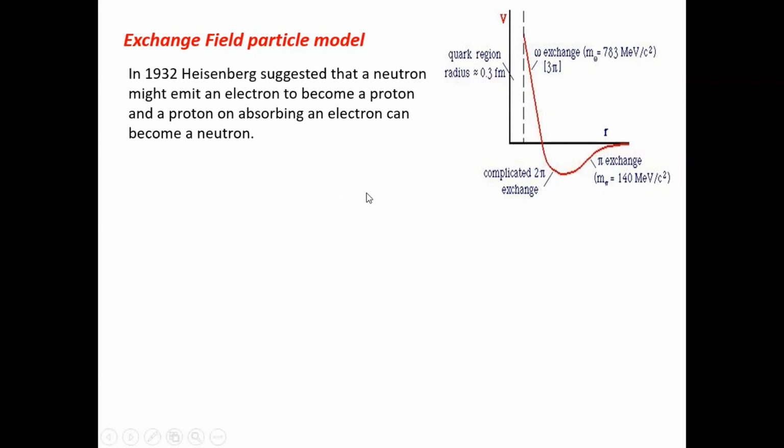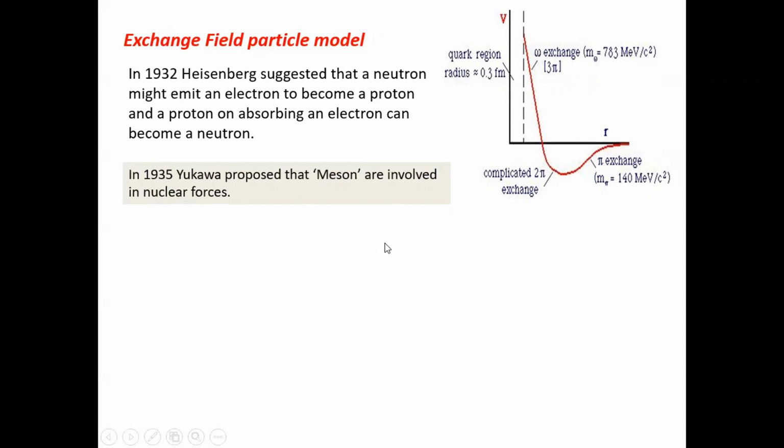In 1932, Heisenberg had suggested that a neutron might emit an electron to become a proton, and a proton on absorption of an electron can become a neutron. In 1935, Yukawa proposed mesons.